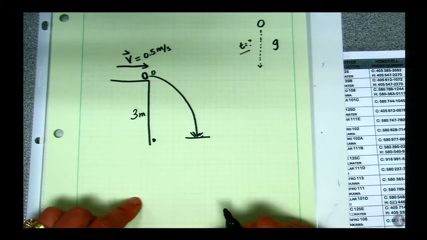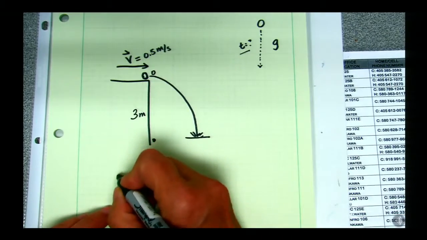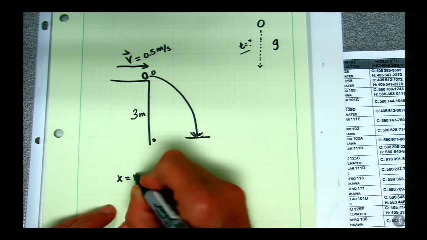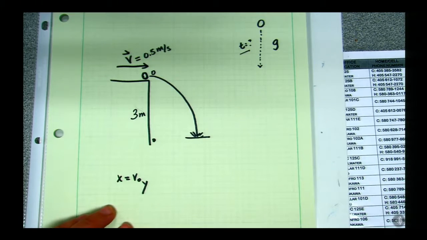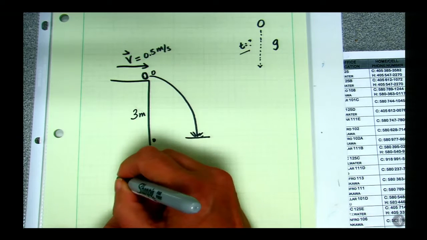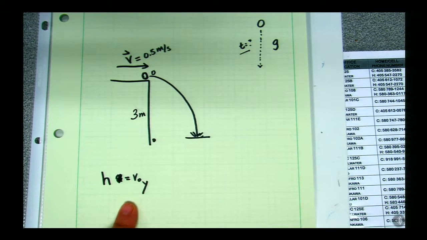So I can calculate that time, so we can do this. My change in position is equal to my initial velocity, and I am now going to use a subscript y. This is going to tell me my initial velocity in the y direction, and then instead of my position, I'm going to use h because it makes a little more sense for me, and that's the height of the table.